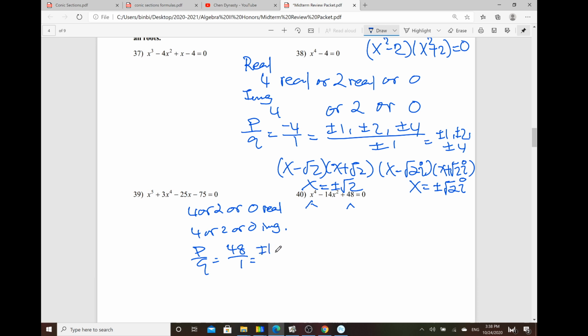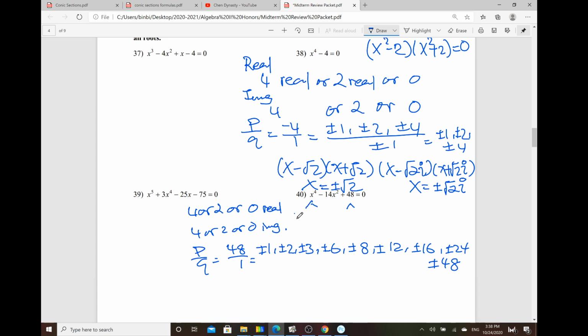So plus minus 1, plus minus 2, plus minus 3, plus minus 6, plus minus 8, plus minus 12. What else? Plus minus 16, plus minus 24, plus minus 48. That's a lot of possibilities.